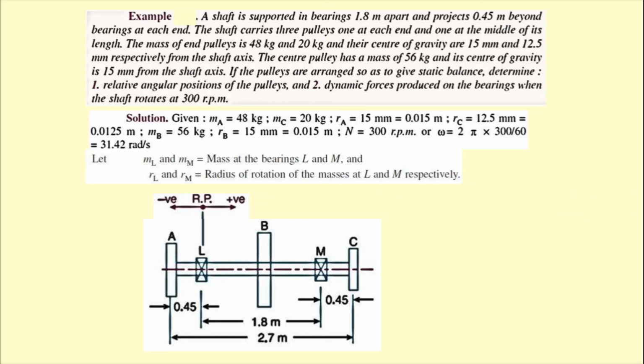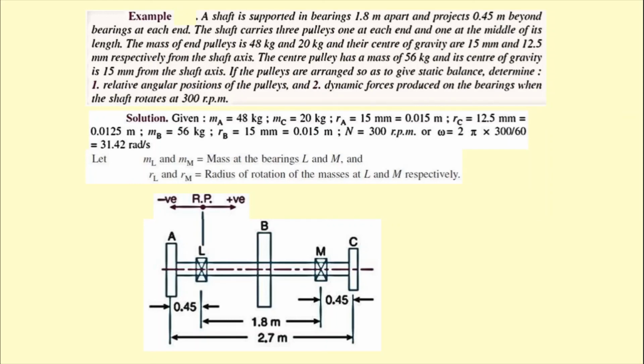The mass of each end pulley is 48 kg and 20 kg, and their centers of gravity are 15 mm and 12.5 mm respectively from the shaft axis. The center pulley has a mass of 56 kg and the center of gravity is 15 mm from the shaft axis. If the pulleys are arranged so as to give static balance, then determine: number 1, the relative angular position of the pulleys, and number 2, the dynamic forces produced on the bearings when the shaft rotates at 300 rpm.